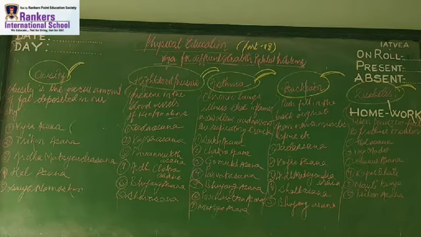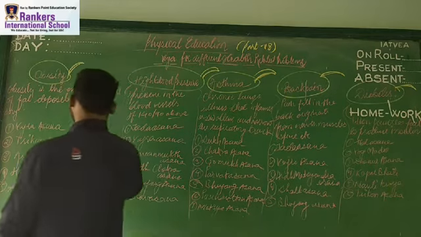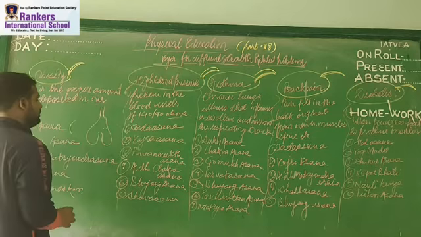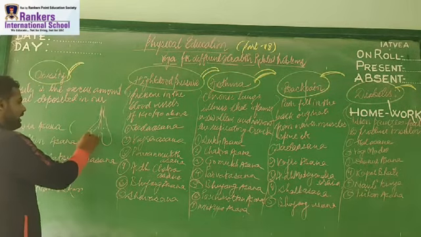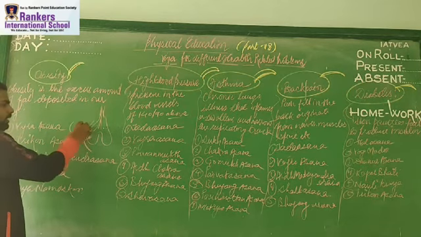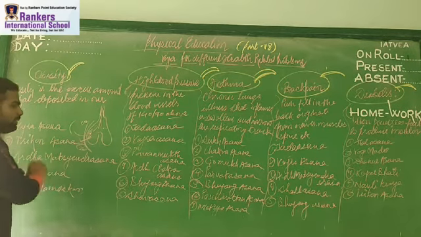You students definitely know something about your lungs, that is, your respiratory system. In the respiratory system there are a lot of bronchi, bronchus, alveoli, alveolus, and there is a diffusion of oxygen and carbon dioxide, and O2 goes to mix with the blood.